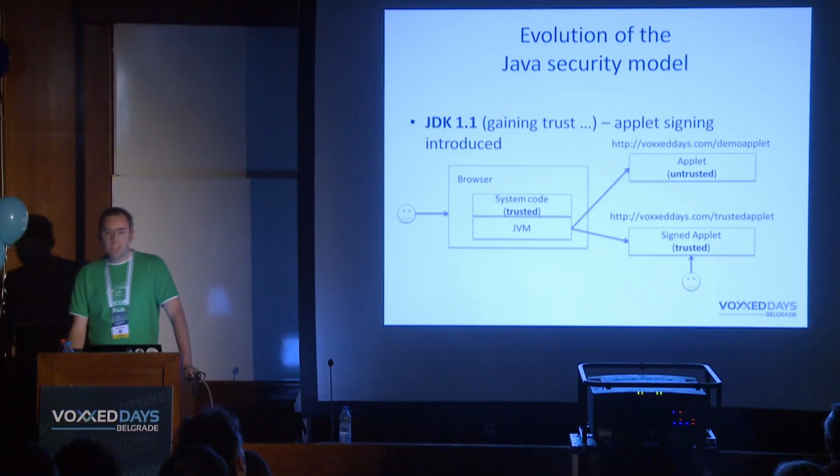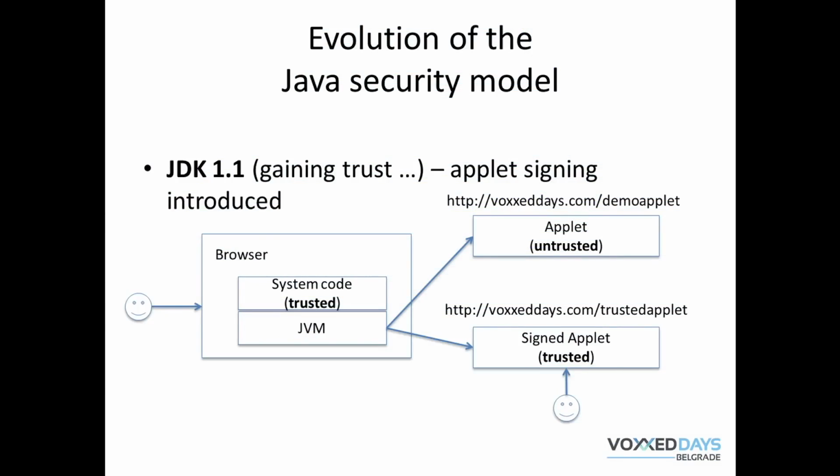When it comes to JDK 1.1, several new enhancements were introduced, and the biggest one of them was signed applets. If you think of trusted and untrusted source code, this is a very restricted model. You cannot say, for example, I want these two applets to have these permissions and those other three applets to have those permissions.